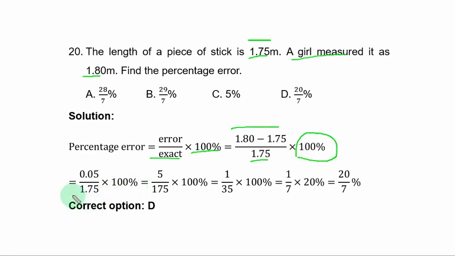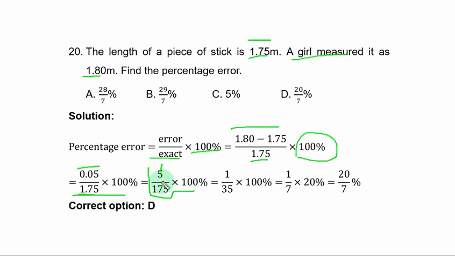That gives this. Now the options, you have improper fractions and a whole number. Here is 2 decimal places, likewise 1.75. If you move out the 2 decimal places respectively, you have 5 over 175 times 100%.